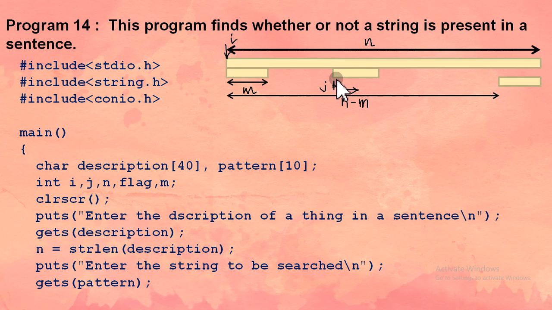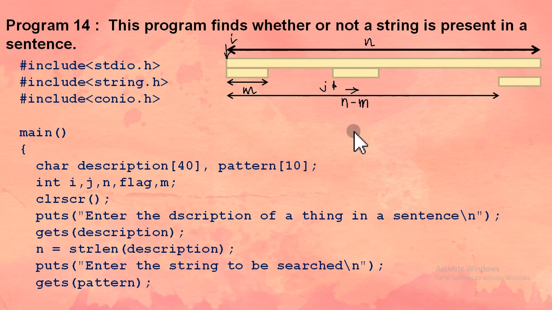So if all the characters present in this particular pattern match the aligned characters of the text, then it is found. Then this algorithm will return from where the pattern is available. Of course, this can move until here.